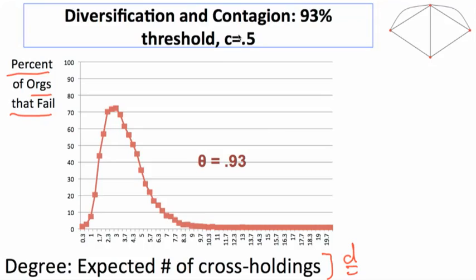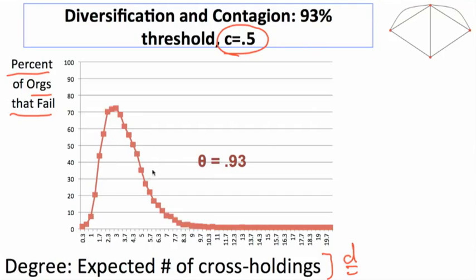And here what we've done is set C equal to 0.5. So 0.5 of your own investment is owed to others. 0.5 comes back to yourself. And then the threshold in this particular picture is 0.93. So if you lose at least 7% of your value, you're going to drop below the threshold. You have to close up. Okay, so we look at what happens.